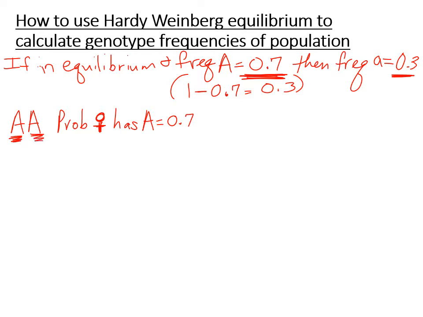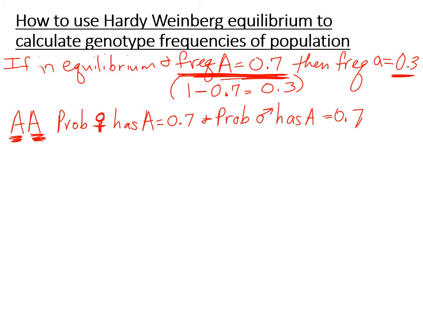Then you have a second allele because you got one allele from each parent. So if parent number 1 gave you the capital A with a frequency of 0.7, well then, what's the probability of your second allele that's capital? Well, that's also 0.7, right? Because we said for this equation, the frequency of capital A is always 0.7. So the probability that that second allele has a capital A is 0.7.